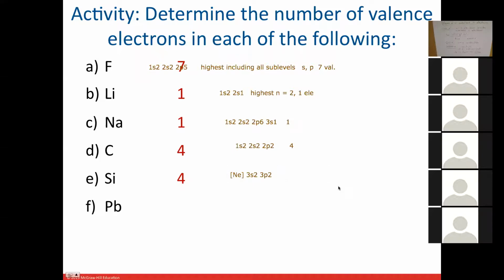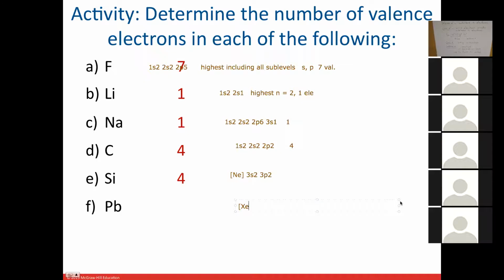Oh, lead. That's a tricky one. What's lead going to be? You guys look at where lead is? Lead's kind of complex. That one has a really hard electron configuration. The noble gas before lead is xenon.